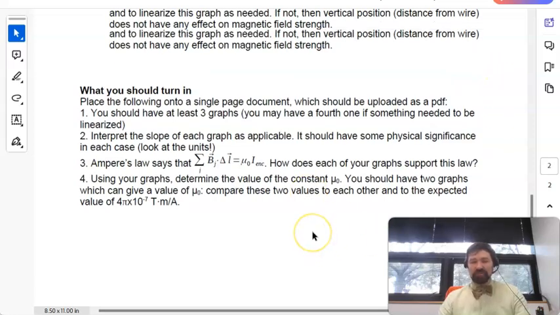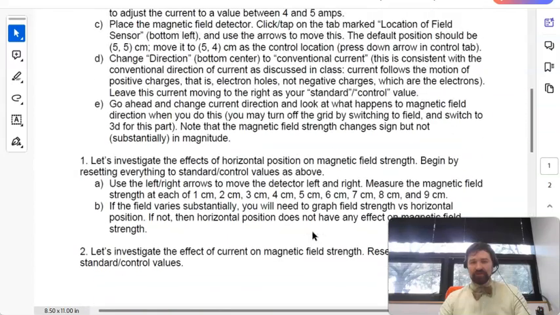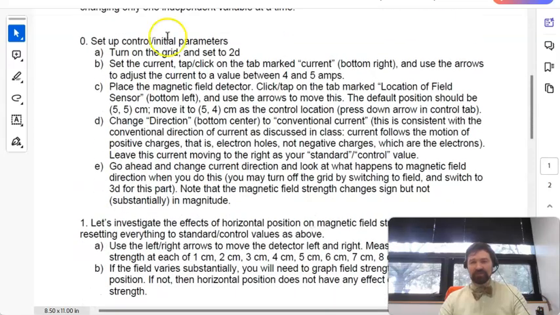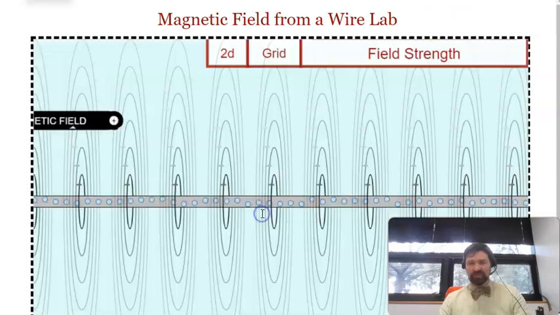Again, you should have read all these instructions before coming here so that you know what we're doing instead of my having to read them to you. If you've clicked on the link in your instructions, then you have headed to this web page. You can hit begin, and then there is a magnetic field detector.